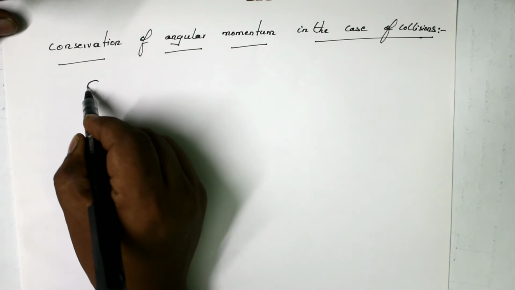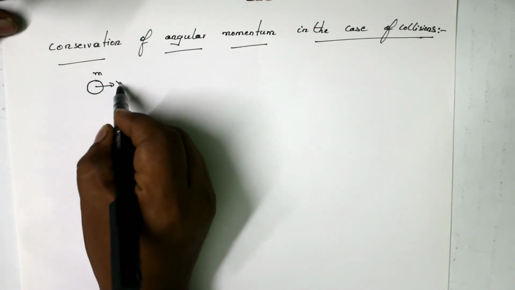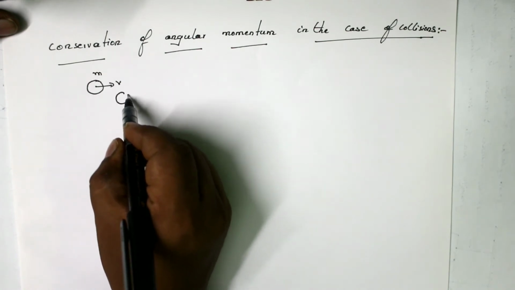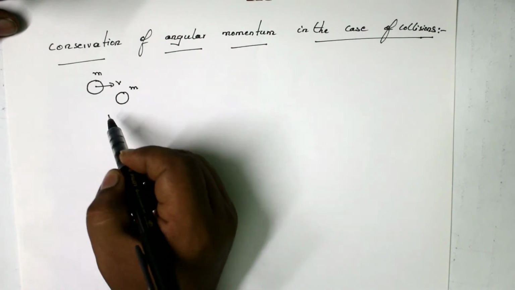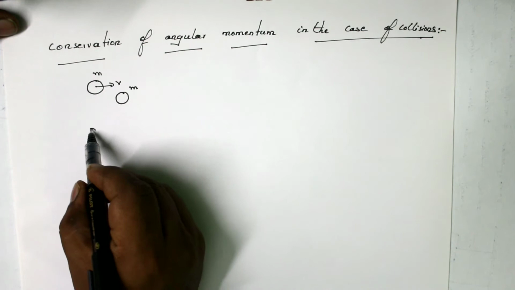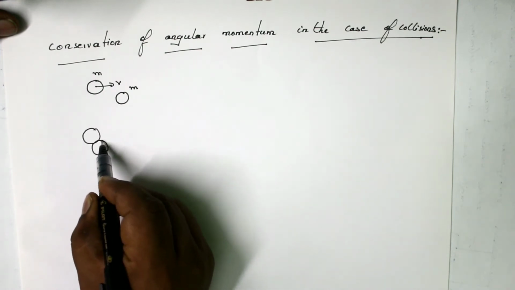For example, this is a body of mass m traveling with a velocity of v, and this is another mass which is in rest position, and its mass is also m. So after some time they will collide like this. So this is one body, this is another body.